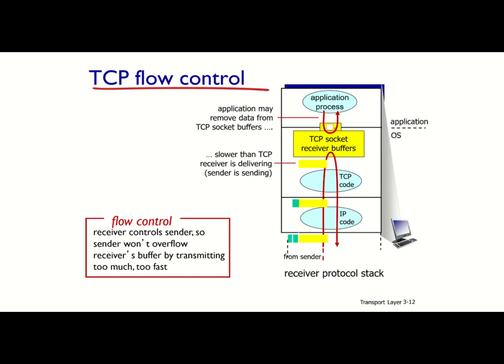If the buffer becomes full, then we have some data loss. So that's why flow control is an important mechanism that TCP must have. In flow control, the receiver controls the sender, so the sender won't overflow the receiver's buffer by transmitting too much data at too fast a rate.